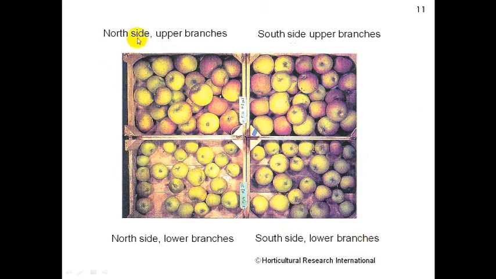For this side, they grow on north side upper branches. Here is south side upper branches, north side lower, and south side lower branches. If you notice, the ones growing on upper branches are larger compared to the ones growing on lower branches. So meaning that the acquired conditions, the acquired characteristics, are not inherited, meaning they cannot be passed down to the next generation.